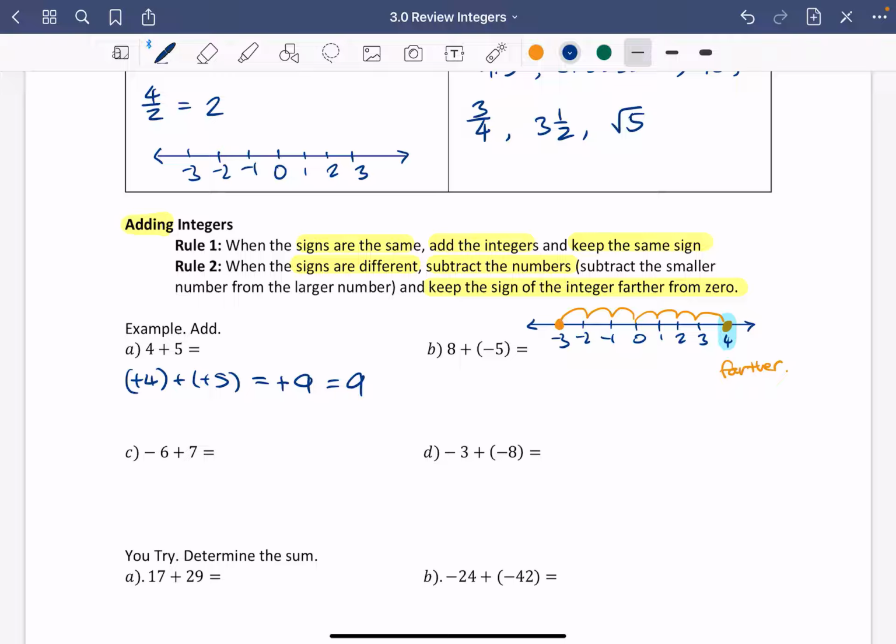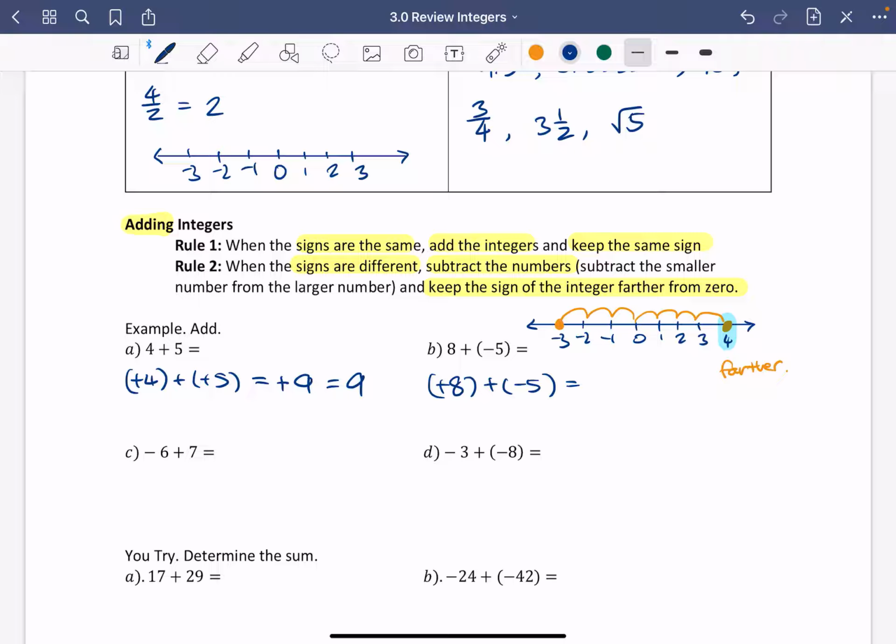Okay, the second example. 8 plus negative 5. 8 doesn't have a sign, so it's positive 8 plus negative 5. Now you can see that the two numbers, one is positive, one is negative, so we're going to use the second rule when the signs are different. When the signs are different, you're going to subtract the numbers. How do you subtract? You're going to subtract the smaller one from the larger one.